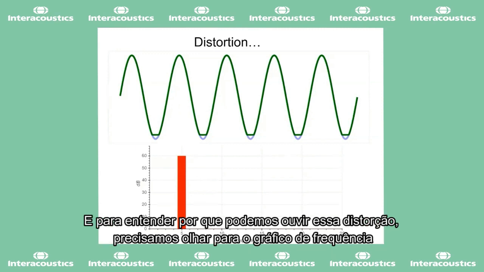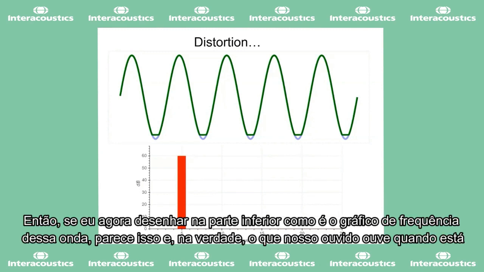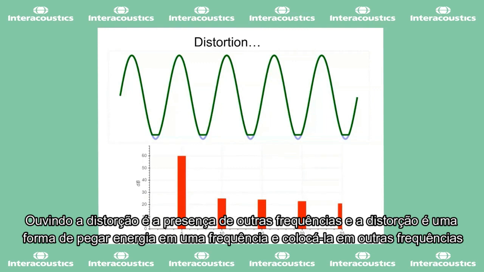And to understand why we can hear that distortion, we need to look at the frequency chart. So if I now draw at the bottom what the frequency chart of that waveform looks like, it looks like that. And so actually what our ear hears when it is hearing the distortion is the presence of other frequencies.